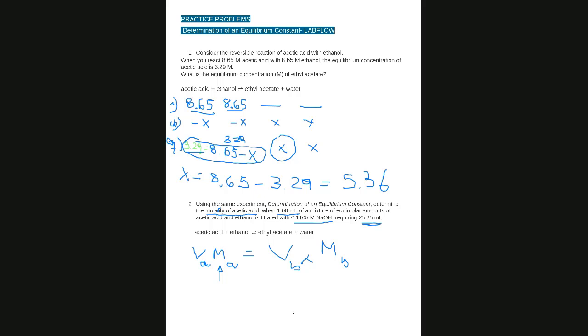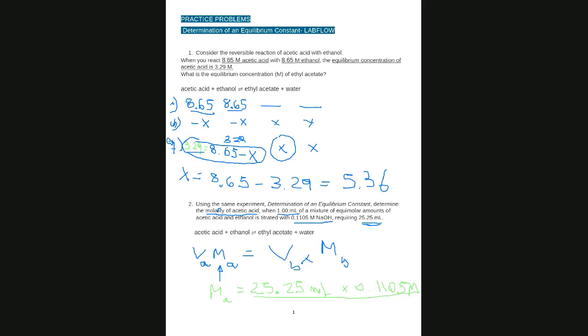So basically, the molarity that is asked is going to be 25.25 mLs times the concentration of the base, that is 0.1105 molar, divided by what?